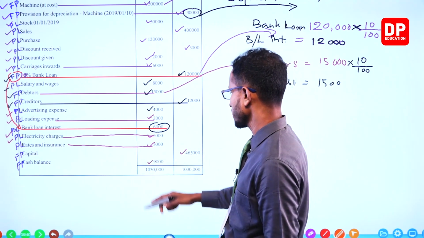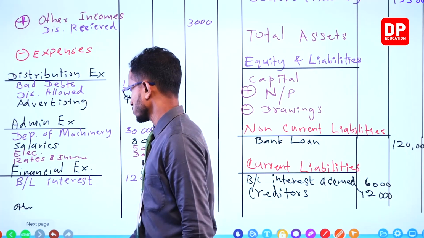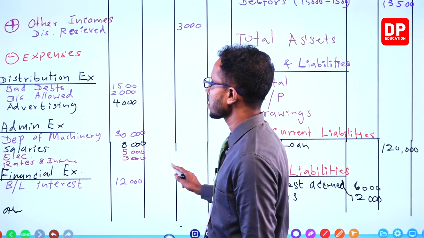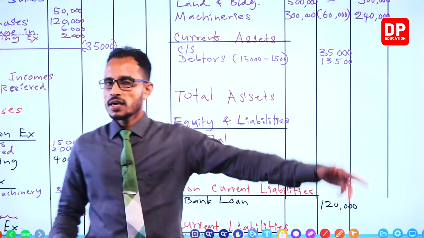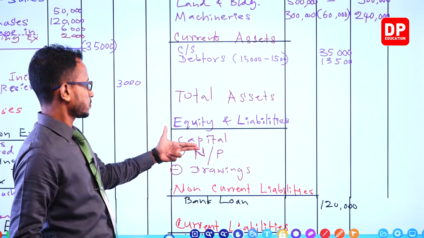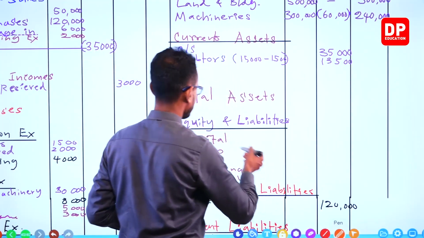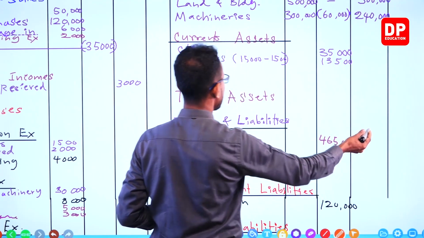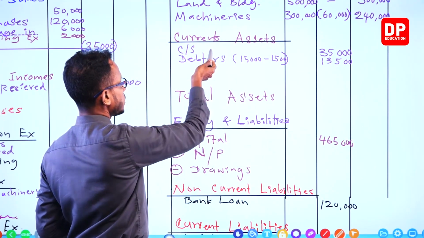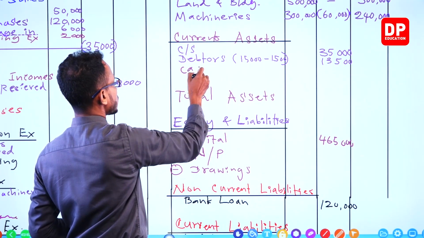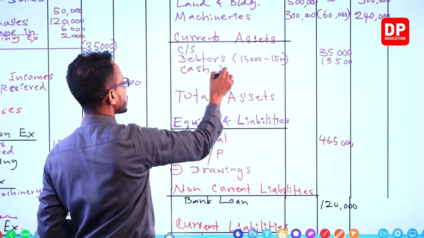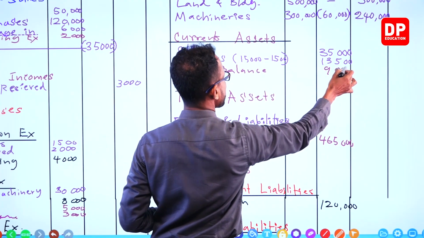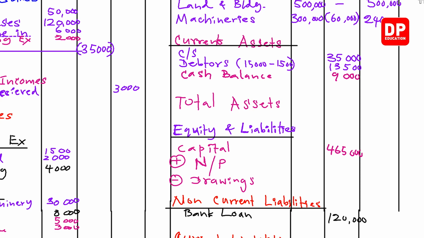Capital goes to the SOFP, 465, and cash 9,000. Both go to the SOFP. Capital goes here, 465. Cash goes under current assets. Cash balance 9,000. Done.